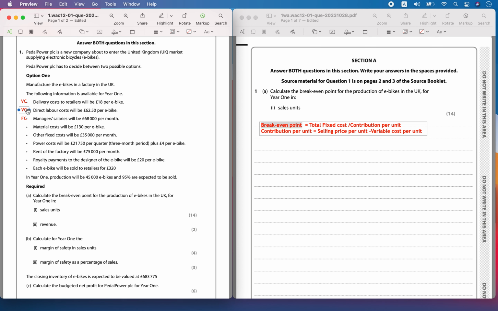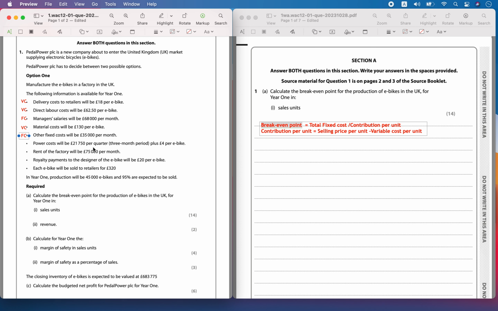Material cost will be 130 per e-bike. So this is also a variable cost because it is based on the number of e-bikes sold by the business. Next, other fixed cost will be 35,000 per month. It is not dependent on the number of e-bikes sold, so I am going to call this a fixed cost.